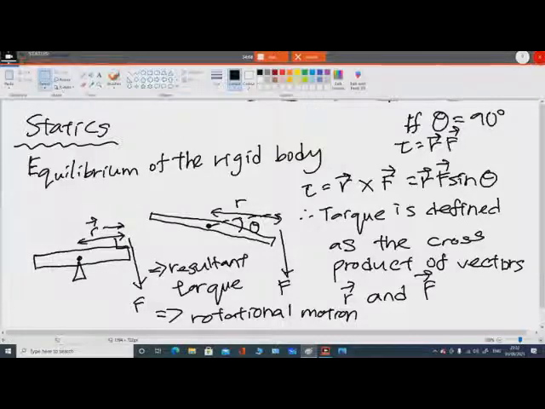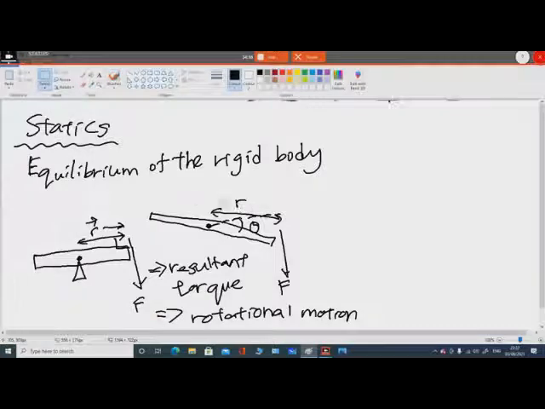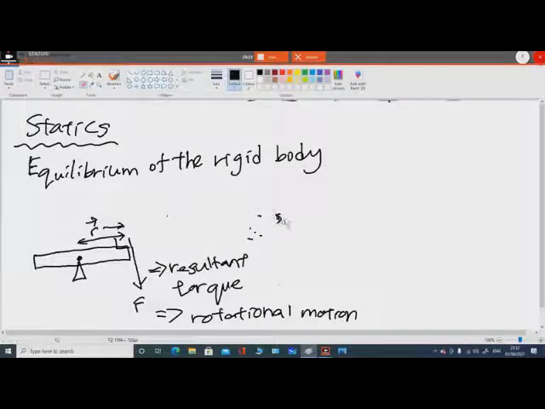Okay, so let me erase this one. As we discussed just now, the torque is the cross product between the distance from the pivot to the force, times the applied force, or we can say that torque is RF sine theta.